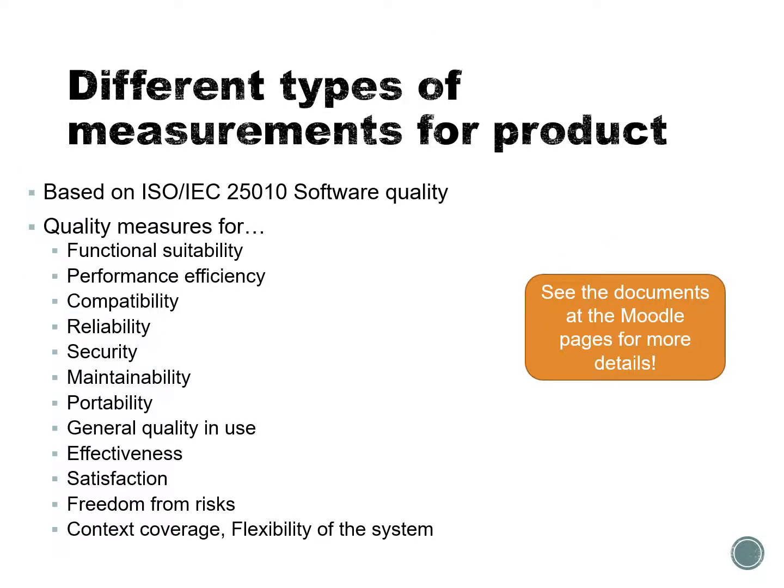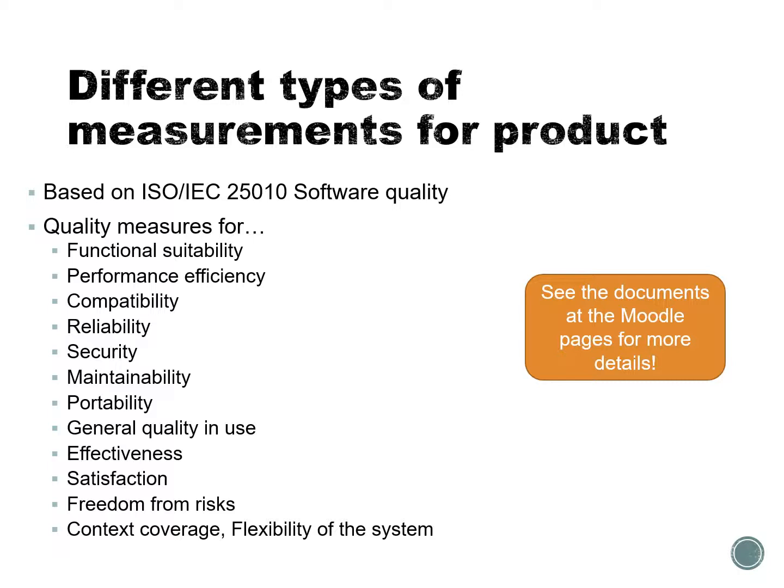Of course, if we want to measure things, for all the quality attributes and quality characteristics mentioned in the diagram a couple of slides ago, there's also a way to measure or assess each one of them.